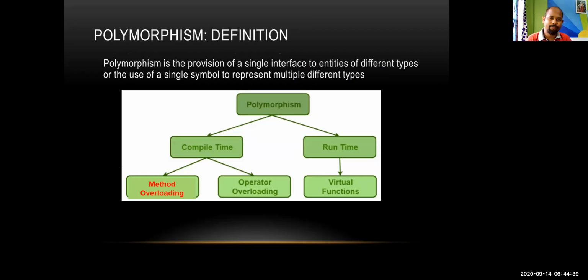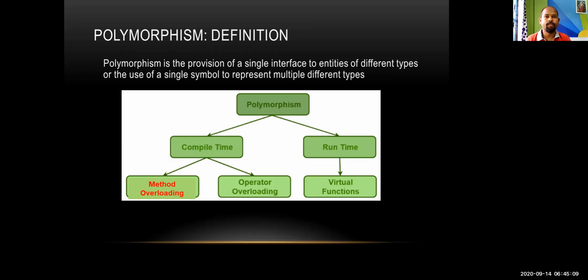Polymorphism, the definition: polymorphism is the provision of a single interface to entities of different types, or the use of a single symbol to represent multiple different types. Polymorphism is of two types: compile time polymorphism and runtime polymorphism.